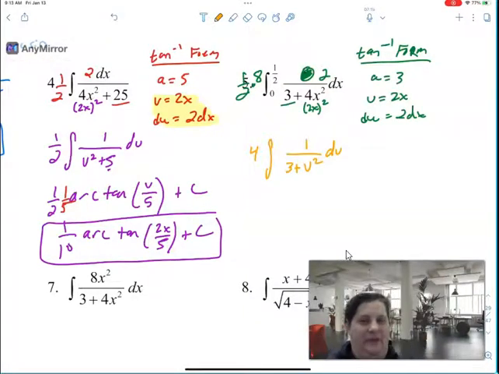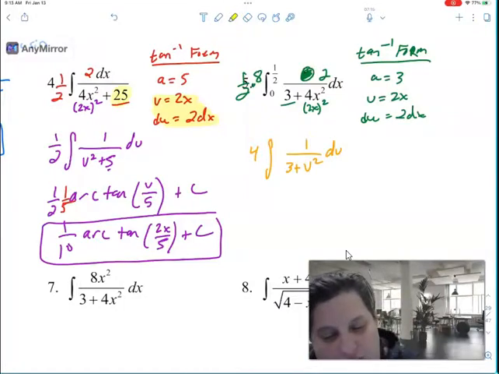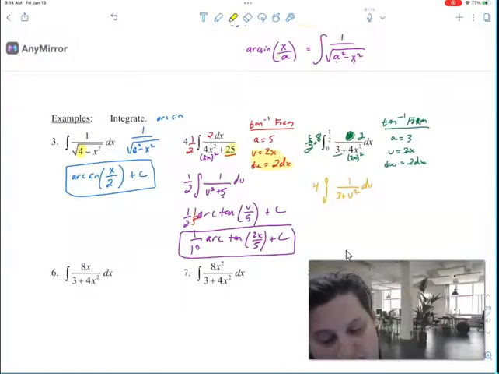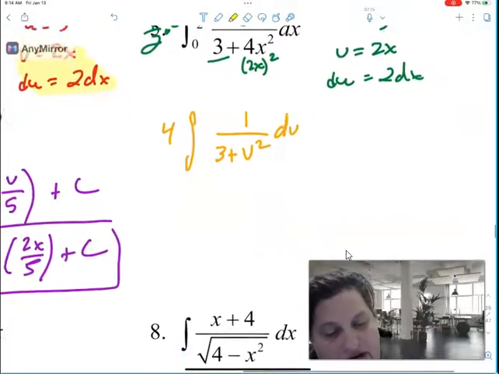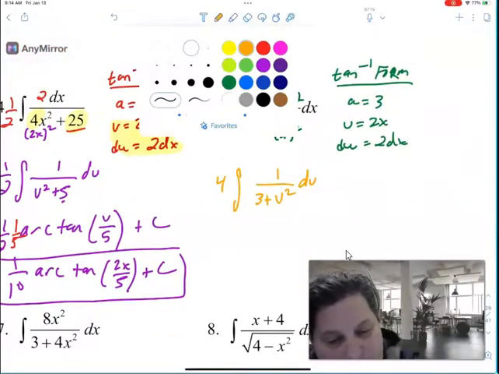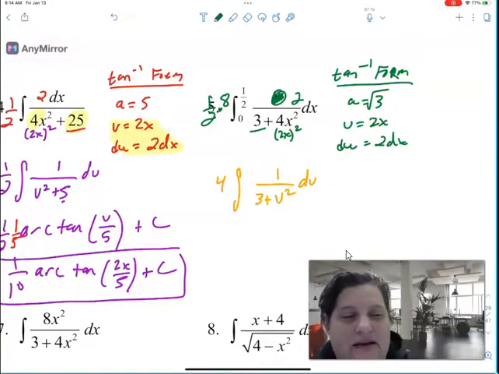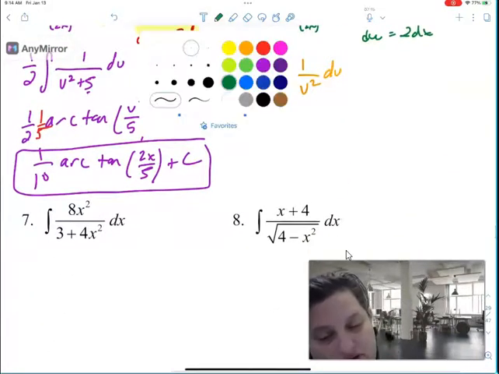Now this one is a little bit tricky because in the previous problem it's giving us 25, it's giving us 4, it's giving us perfect squares. 3 is not a perfect square. So a is actually not 3, a is square root of 3. That's what a is, even though it says 3 in here. So it goes like this.